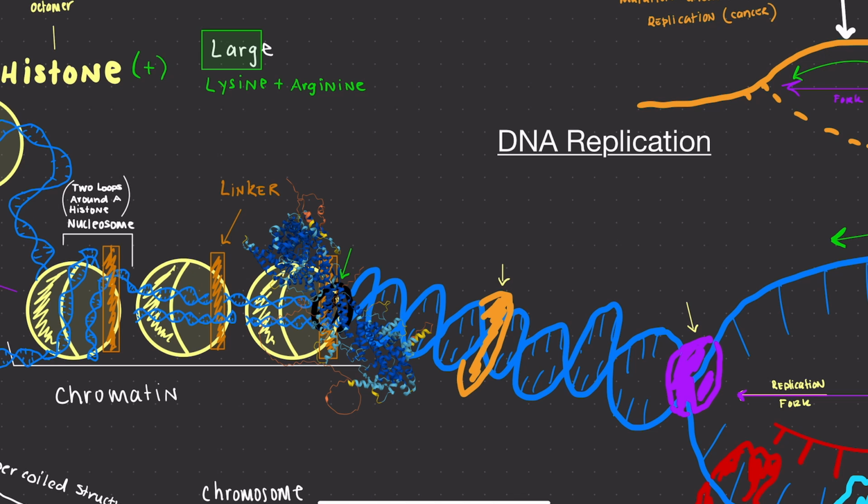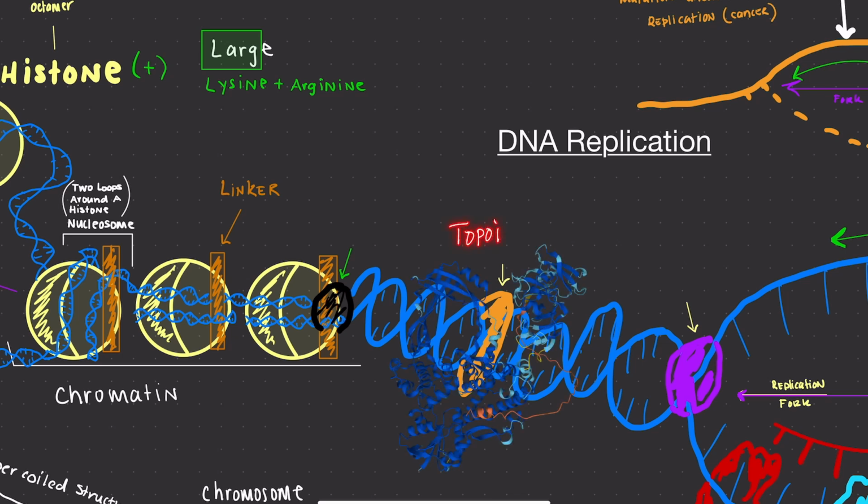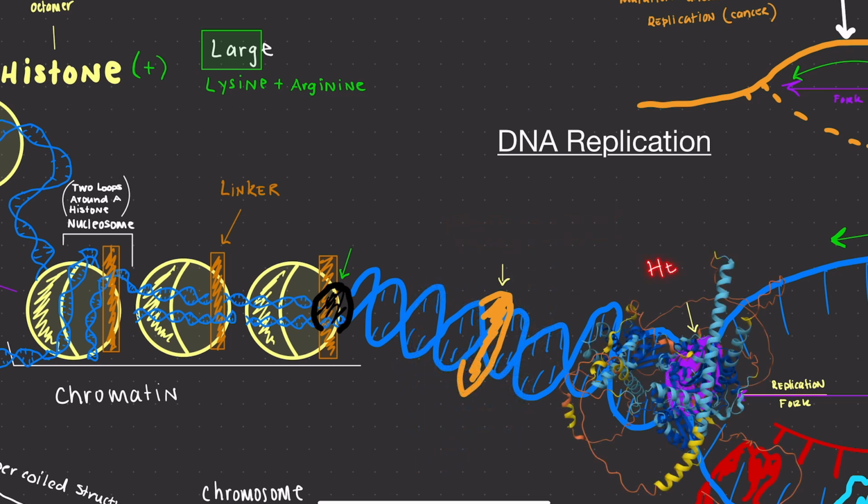So the chaperone relaxes the DNA, and then topoisomerase, an enzyme, enters the mix and uncoils or unwinds the condensed DNA. And lastly, an enzyme known as helicase does the slicing, and the replication fork will take place.